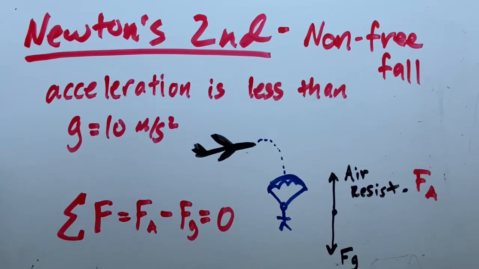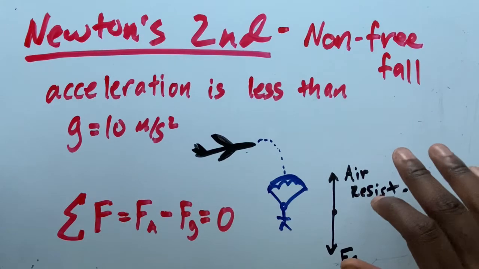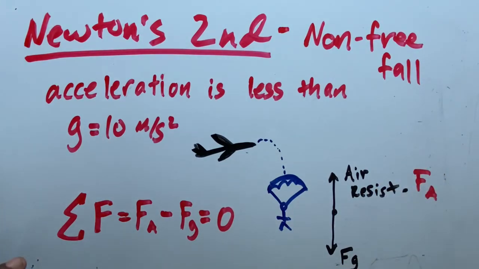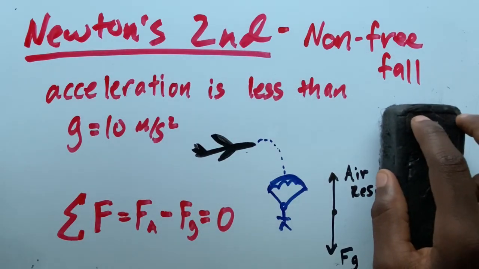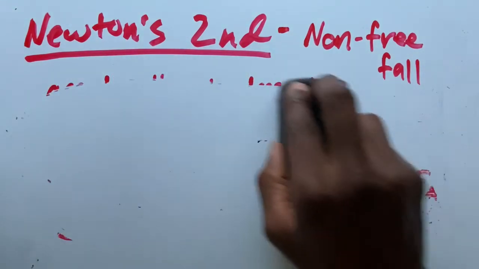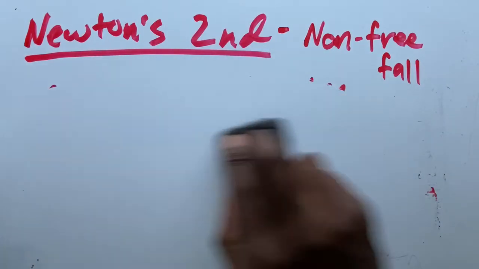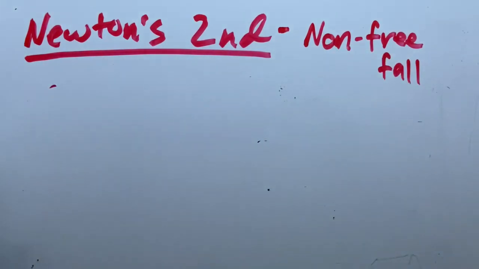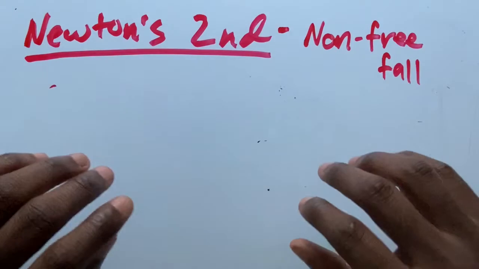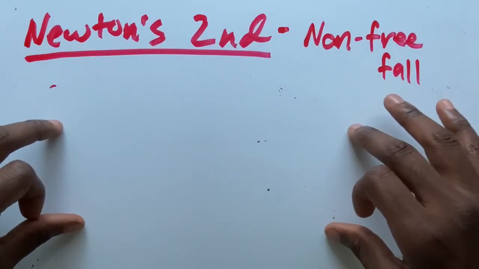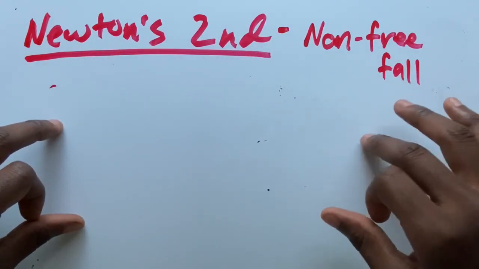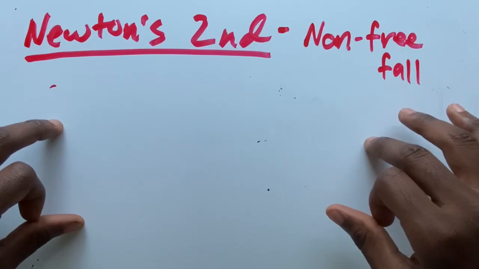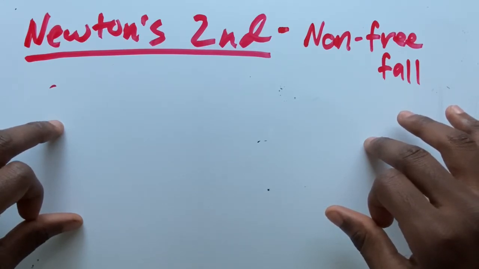So let's see. So now let's do a non-free fall scenario outside of the parachute. If you're looking at the PowerPoint, they have an example up, and it says when a 20 Newton object encounters 5 Newtons of air resistance, its acceleration of fall is what?